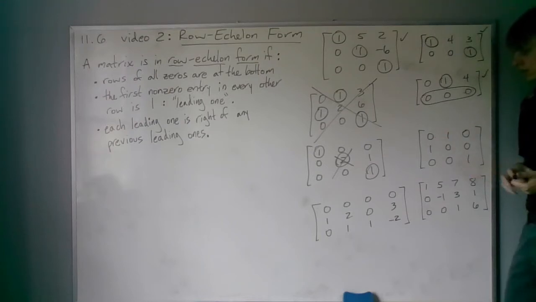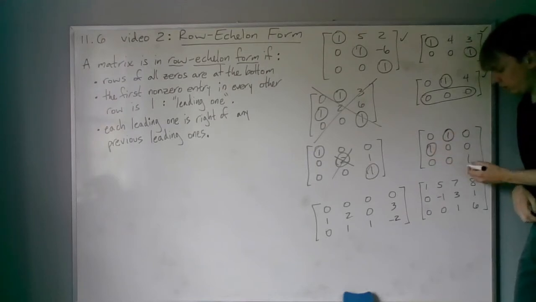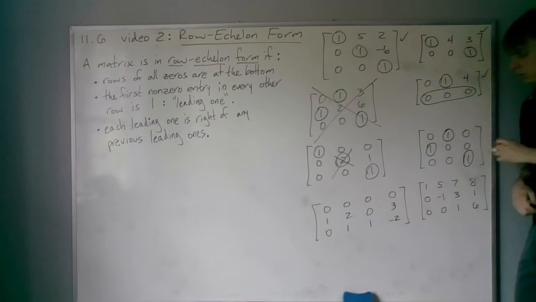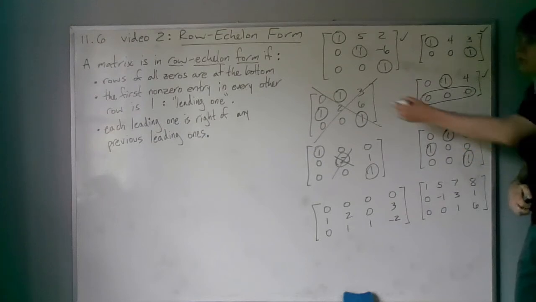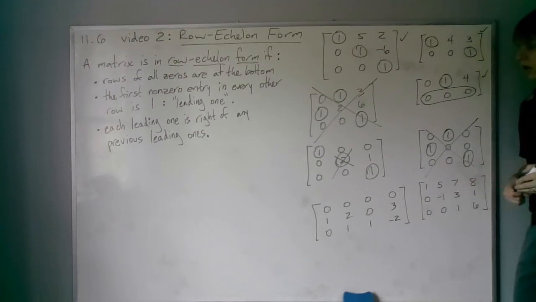Okay. This example, let's see. There are no rows with all zeros. Every row has at least one non-zero number. And the first non-zero number in each row is that, but they're not in order. It's the same problem as this one. So not in order, so not in row echelon form.